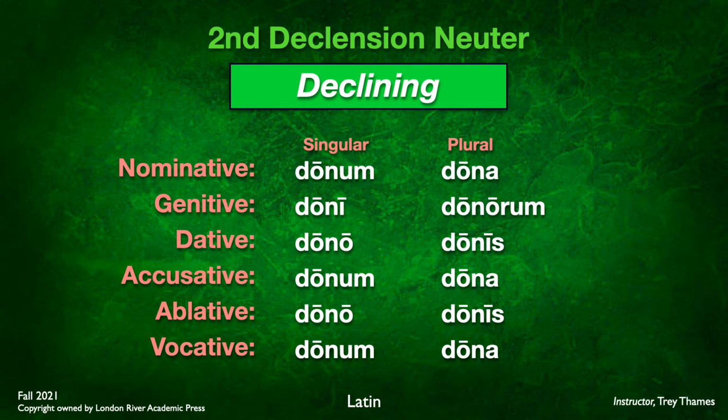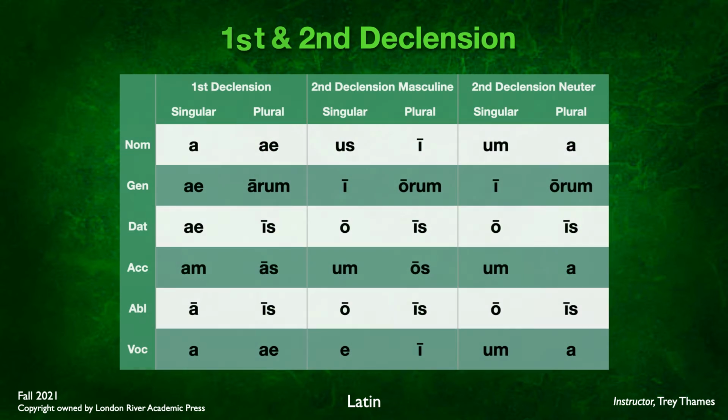So it's just a matter of remembering the variations in the second declension neuter as opposed to second declension masculine. Here's a chart that shows all three declensions together, first and then second specifically masculine and neuter. So I would practice these, get these down. You should know them. I, I, is, as, I, excuse me.